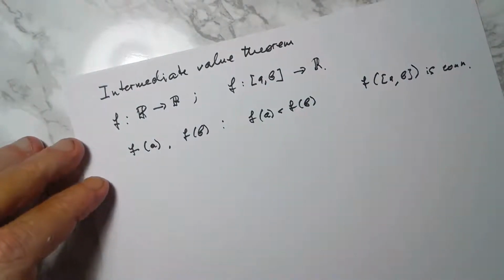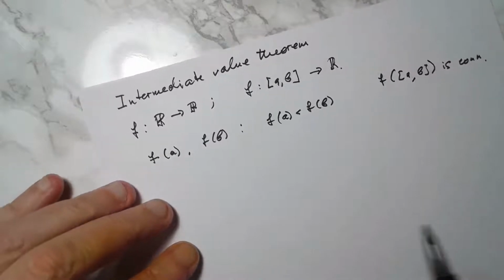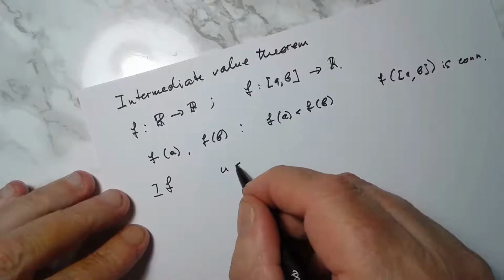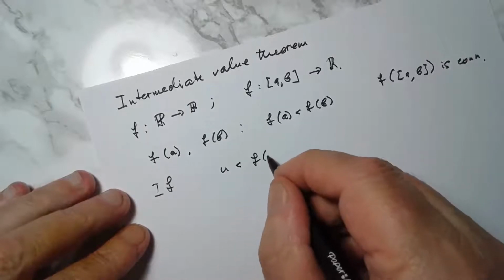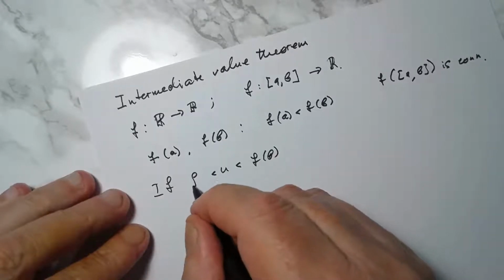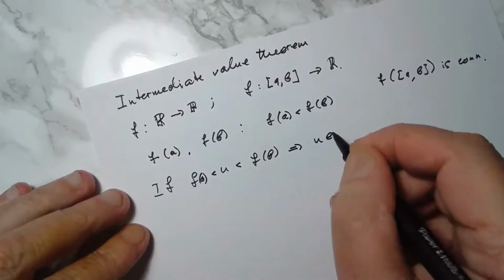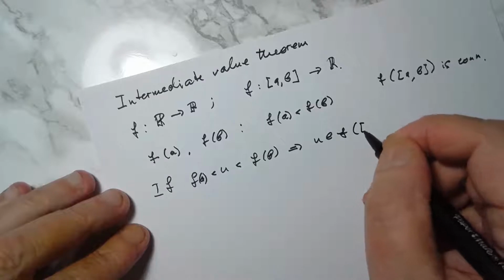And using the criteria for connected sets for real numbers, we conclude that if U is a number somewhere between f of A and f of B, then U belongs to the image of f of AB.